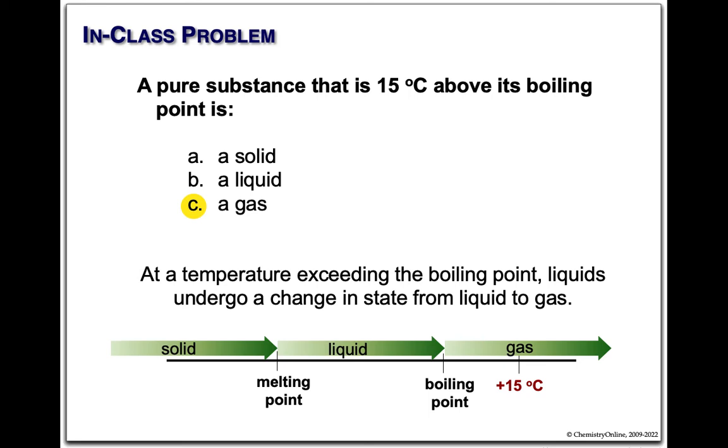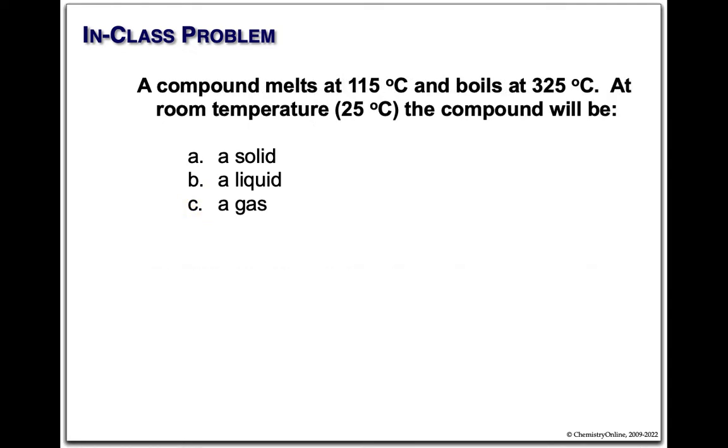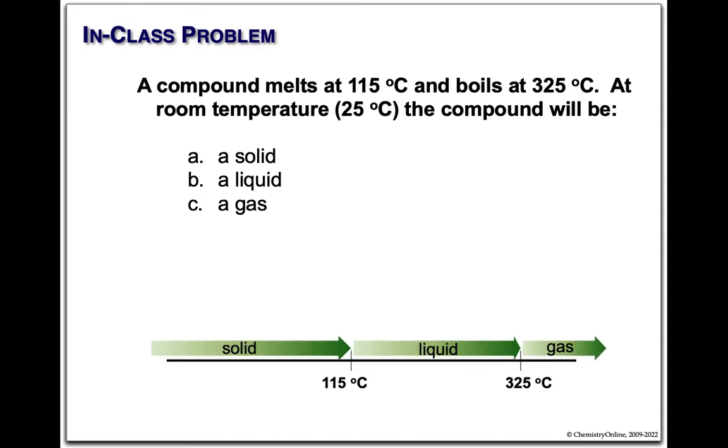So for a while, I put this same sort of question on every exam. There's another version. Melts at 115, boils at 325, at room temperature. What is it? Here's our number line. Here's our melting point. Here's our boiling point. Where is 25 degrees? Way down here. We are solid.